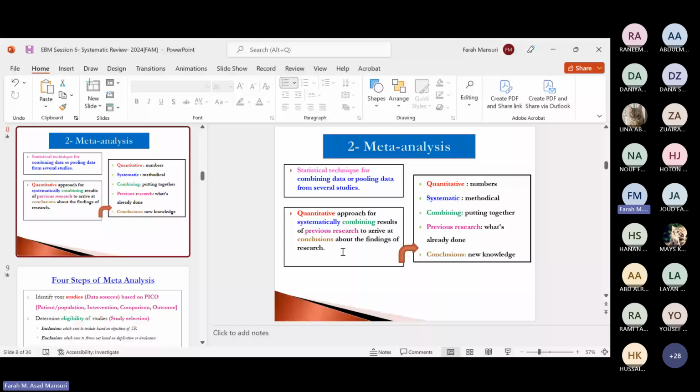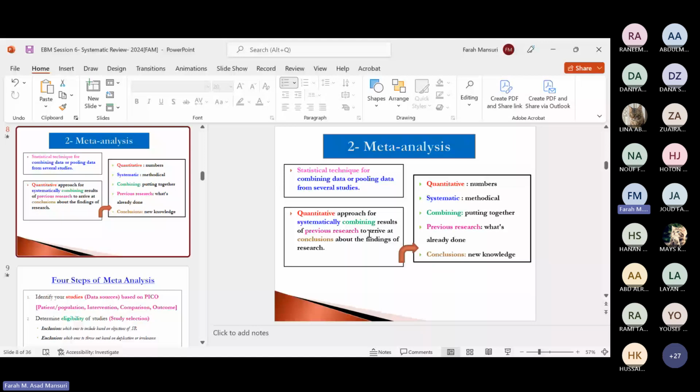That means either we are looking for the association, the strength of the association in the form of odds ratio or relative risk, or in the form of some mean effect, that is a reduction in the survival rate, or similarly some rates or some specific quantities.